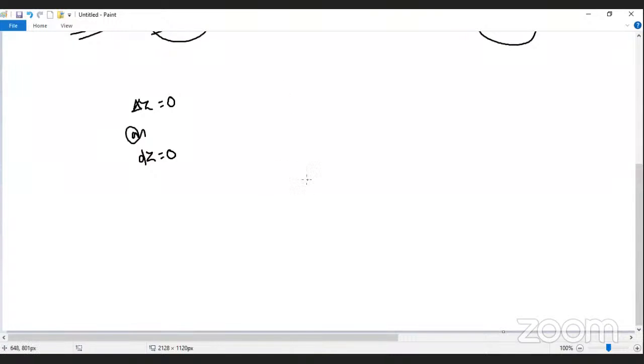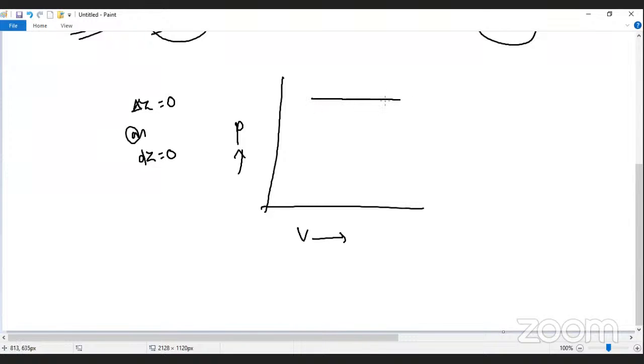The first 4 thermodynamic processes you can understand in terms of graphs. Suppose you draw pressure versus volume, and you get this kind of curve. What does it mean? Which process does this curve indicate? Is it isothermal, adiabatic, isochoric or isobaric? Isobaric, sir.